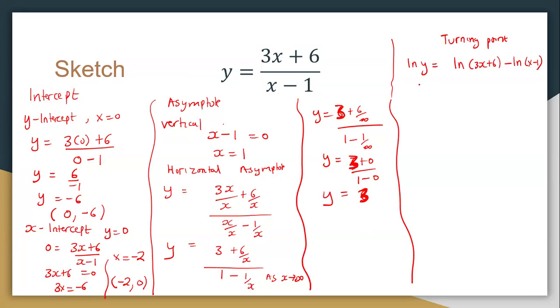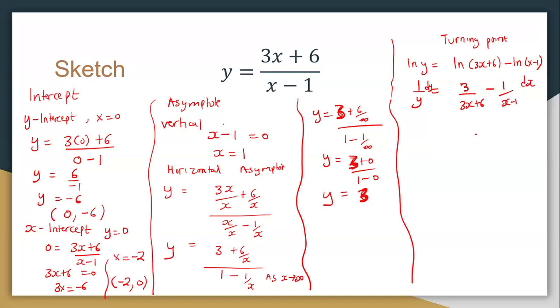So we have 1 over y dy equals 3 over 3x plus 6 minus 1 over x minus 1, dx.